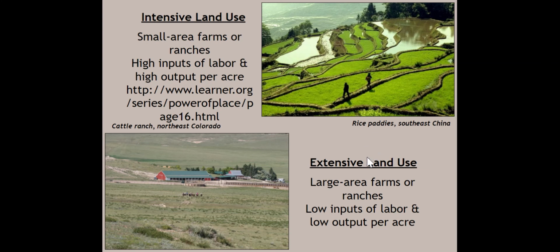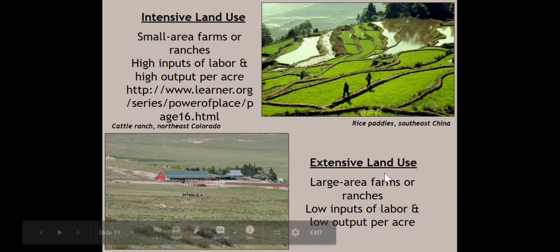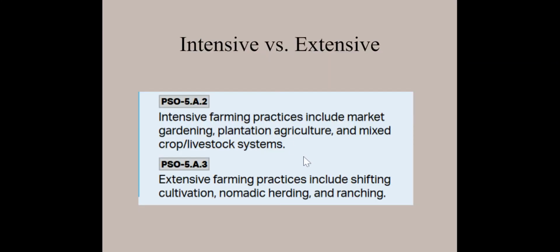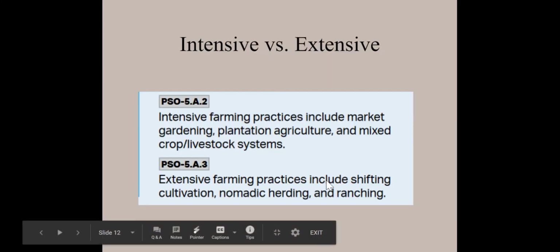The other side of the coin is extensive land use. This is where you have really large amounts of land being used to produce low output per acre. So things that require a lot of land, essentially. If we're looking at intensive versus extensive, you see both commercial and subsistence in both categories.